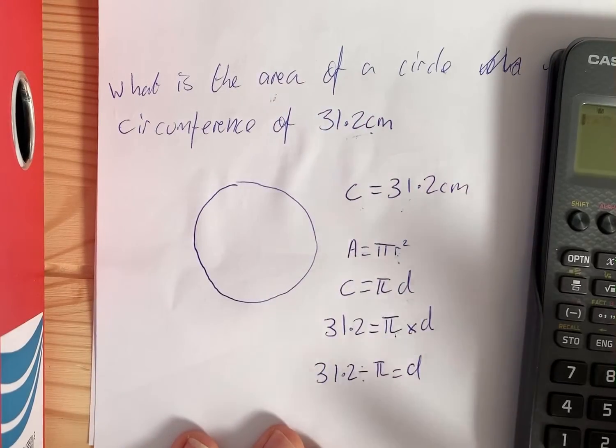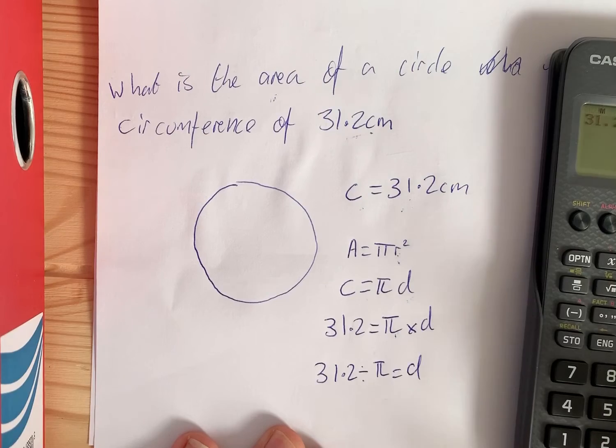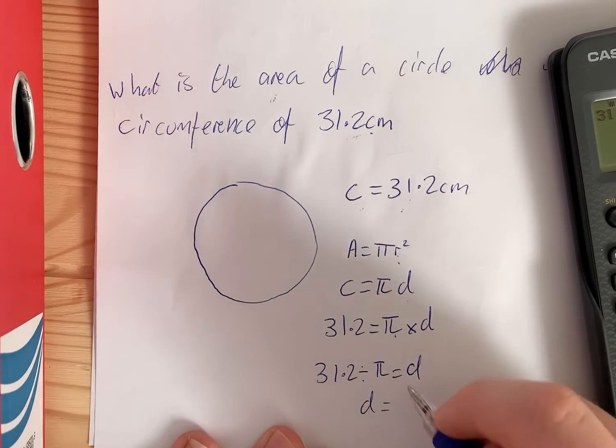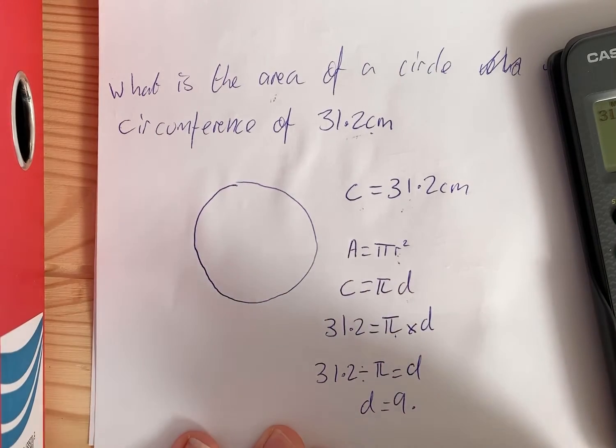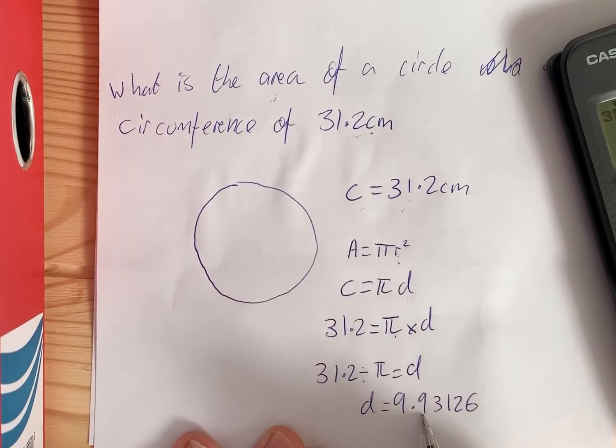So on my calculator, 31.2 divided by pi, the diameter is 9.93126. Notice I'm going for quite a few decimal places, always round at the end, okay?